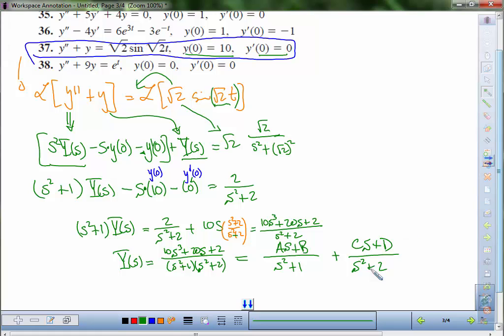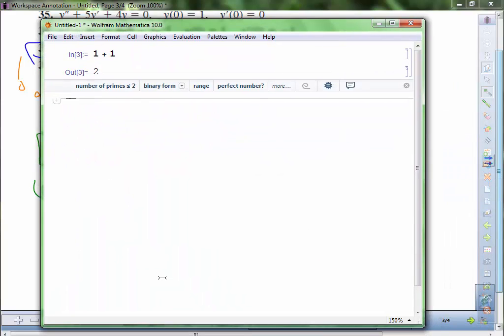So as fun as this could be, I'm not going to do it that way. I'm just going to use Mathematica to help me find it.